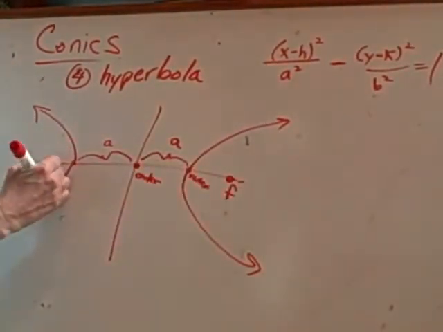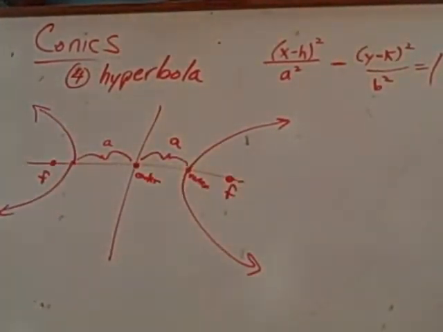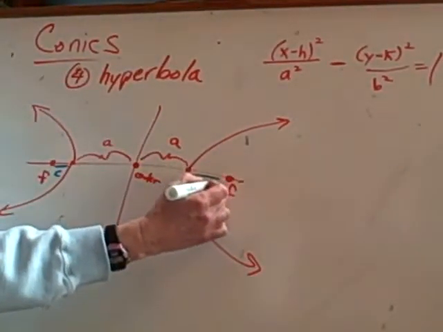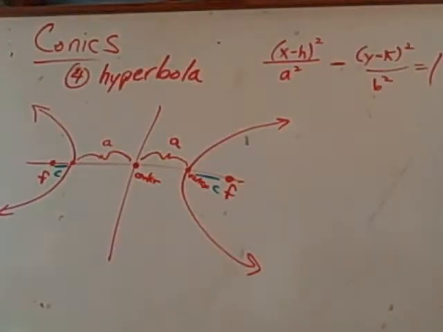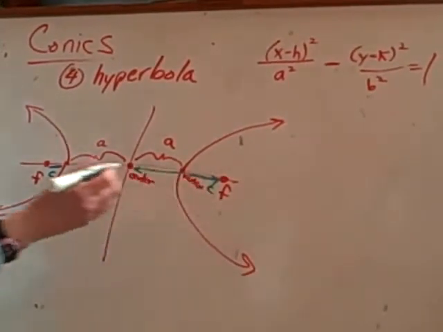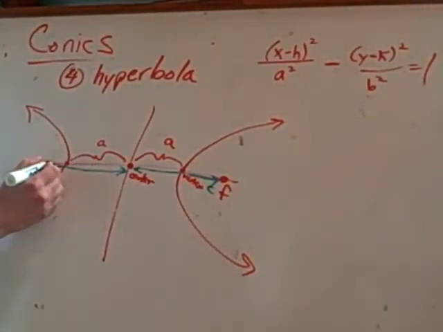Each one is inside the curve. And the distance from the vertex to the focus is C. Hold on. Nope. This whole distance is C, from the center to the focus. My bad.